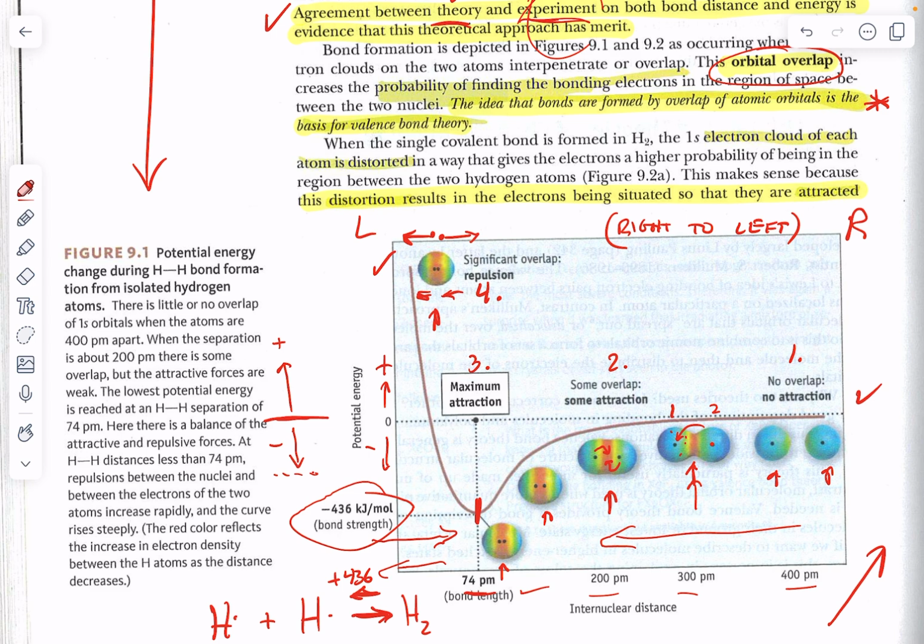And so the idea here is that bonds are formed by the overlap of atomic orbitals. And this is the basis for valence bond theory, because we're taking our valence electrons in their respective orbitals, and we are blending or merging or overlapping them together to create a bond.